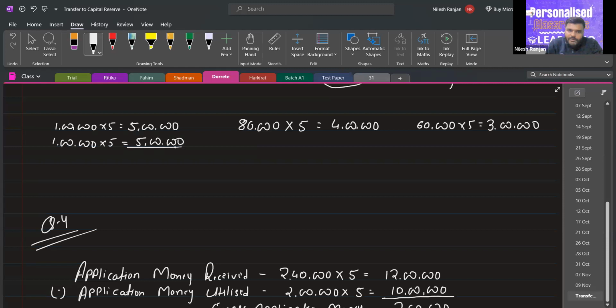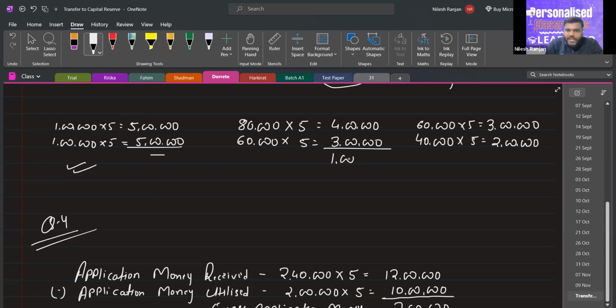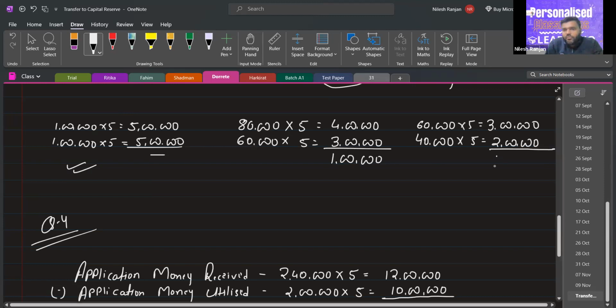And in the third case, it will be 2 lakh, 40,000 into 5. Good. There is nothing left here. So in the first category, we don't have to do anything extra. In the second case, we have 1 lakh excess application money. In the third case, we have 1 lakh excess application.